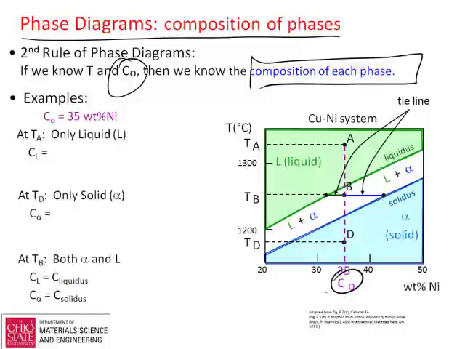So the example here: let's imagine it's 35%, and you're sitting here at T sub B. At that point the composition of your liquid is going to be about 30%, and the composition of the alpha is going to be out here at about 42%. The composition of the liquid is the composition at the liquidus, and the composition of alpha is the composition at the solidus.